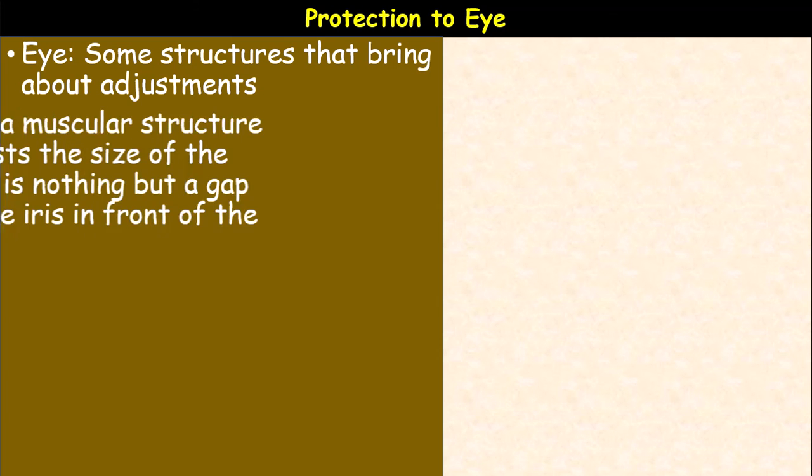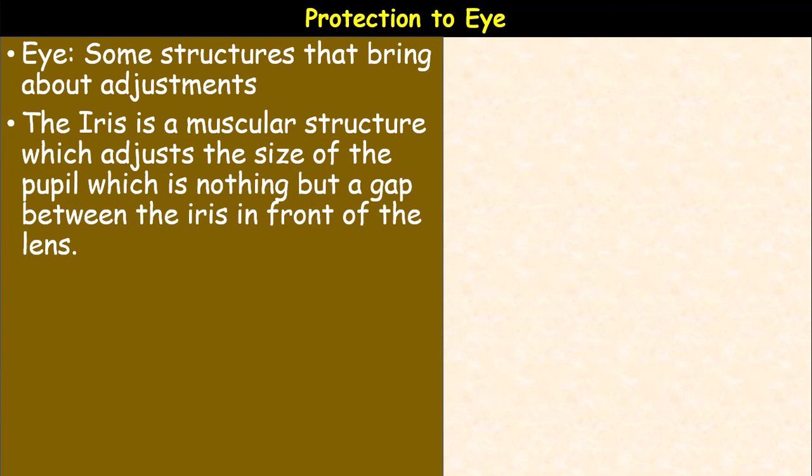Next, some structures bring about adjustments in the eye. The iris is a muscular structure which adjusts the size of the pupil, which is nothing but the gap between the iris in front of the lens.